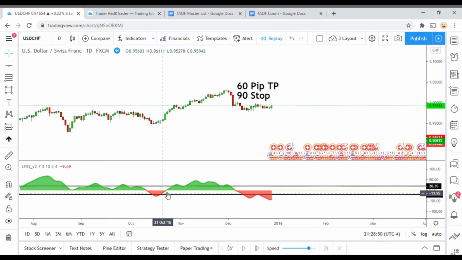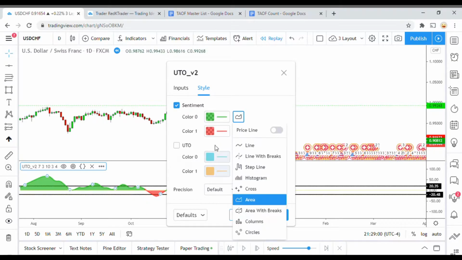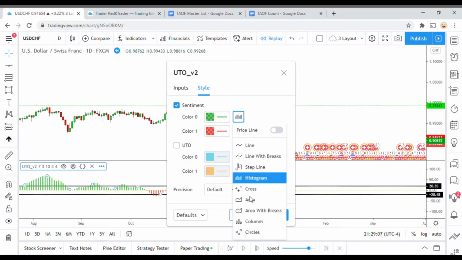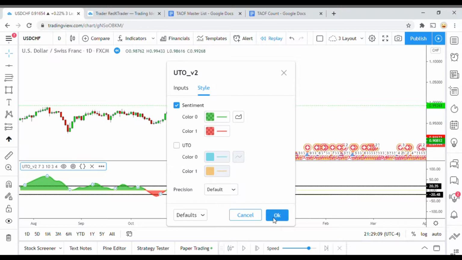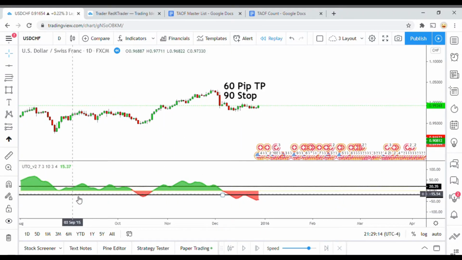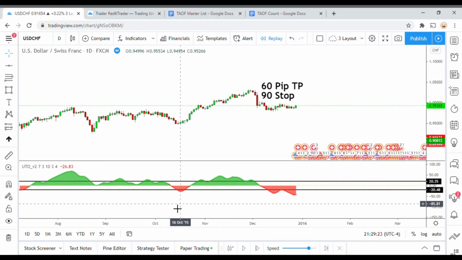It's really an area, or you could call it a histogram, but it's plotted as an area instead of a histogram. For example, if I go over here and do this, you see that's marked as area instead of histogram. Again, you can see it's green and it's red, and I think that's how we are going to trade it.